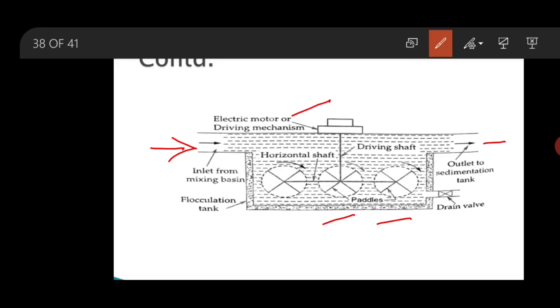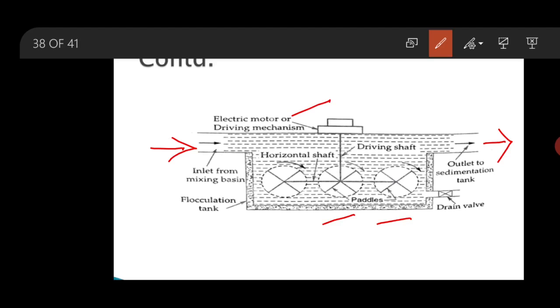through this outlet valve to the sedimentation tank. And the sedimentation tank is the same as the plain sedimentation tank that we discussed in our last class, but with the variation that here a lower value of detention period is provided, for example 2 to 4 hours.